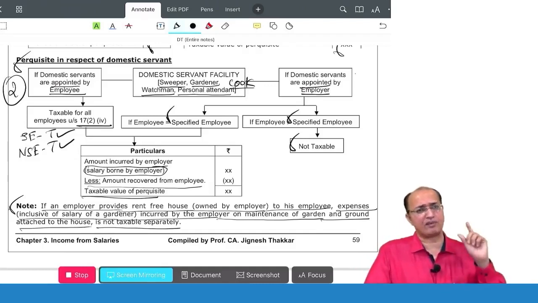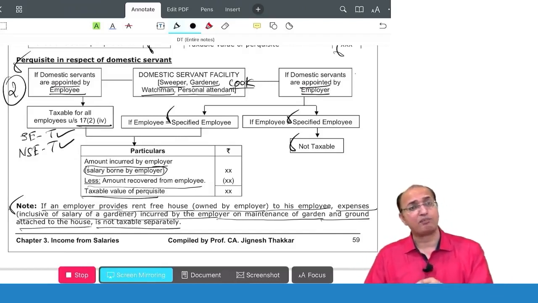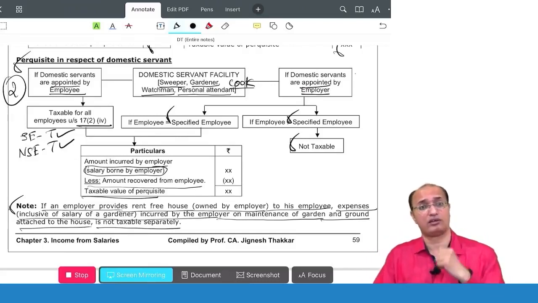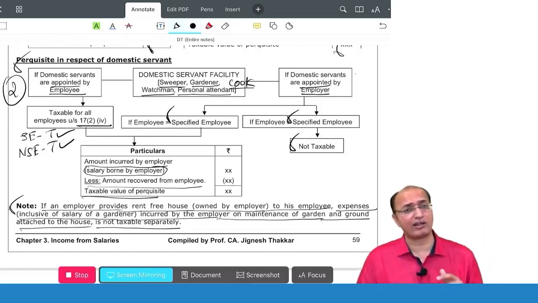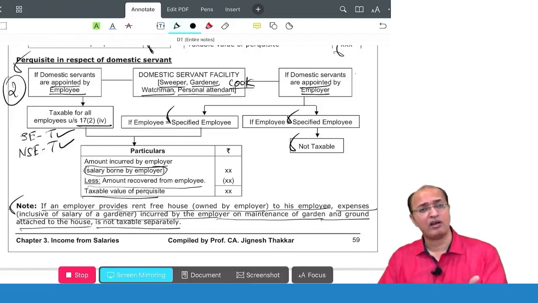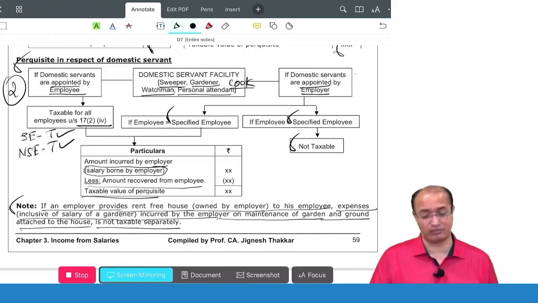If you recollect the chapter of income from house property, you got the deduction for municipal tax, na? Provided municipal tax is paid and borne by owner. So there we had discussed four possibilities, na? Municipal tax is paid by owner, subsequently recovered from tenant. In that case, we said that municipal tax is not borne by owner.